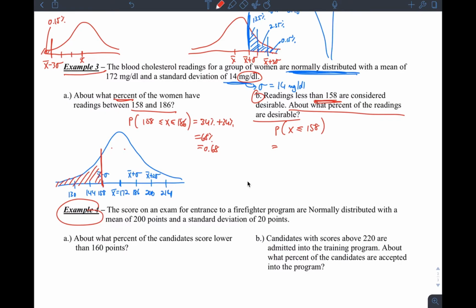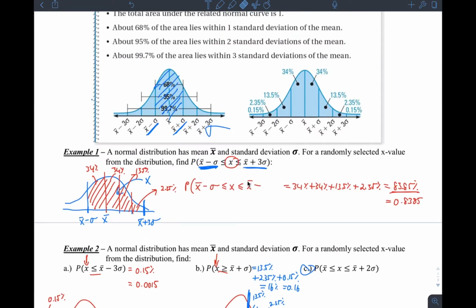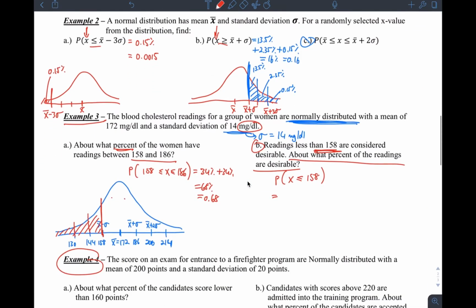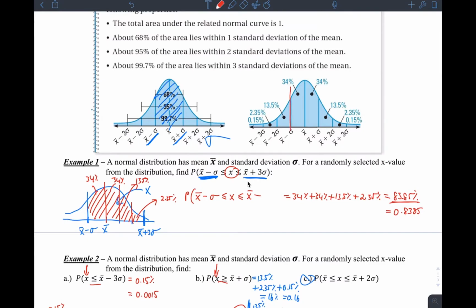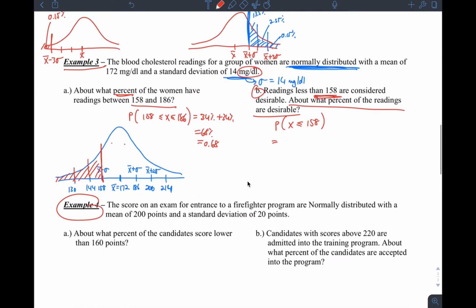If you want to use the thinking from the previous page, let me erase some of this stuff. If you use this thinking, 158 would be one standard deviation below. So we're saying it's these chunks right here: 13.5, 2.35, 0.15, and these are all percentages.